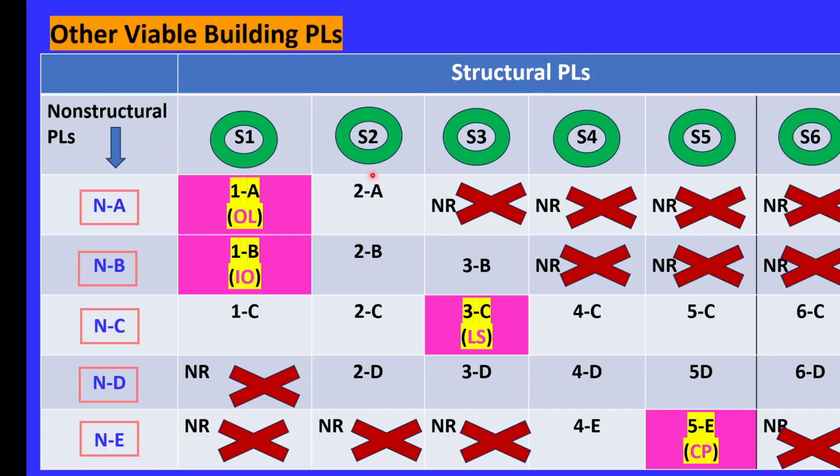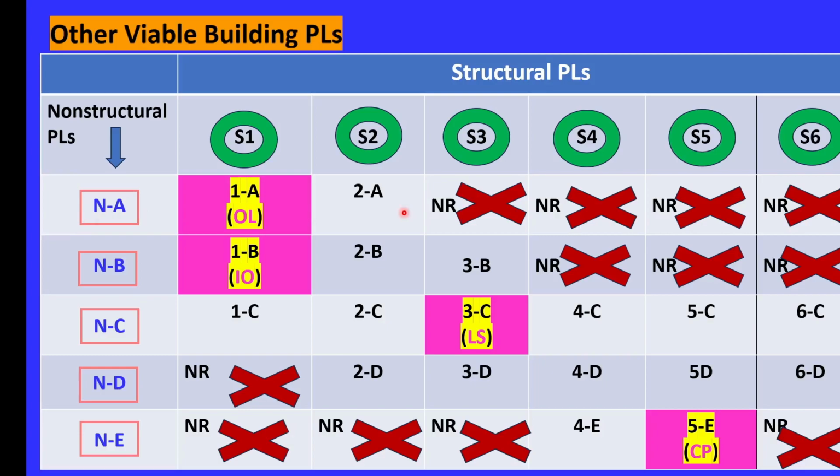Here we have taken a matrix, a tabular matrix. We have given all the structural performance levels from S1 to S6 row wise, and non-structural performance levels we have taken column wise here: NA, NB, NC, ND and NE. So any cell here is the combination of the corresponding structural performance level and non-structural performance level.